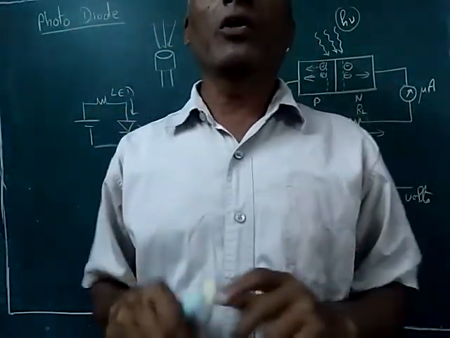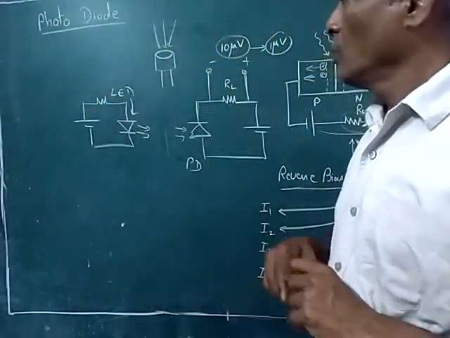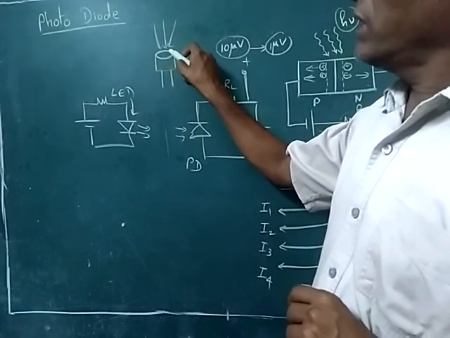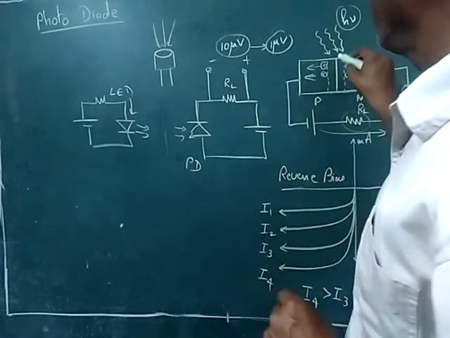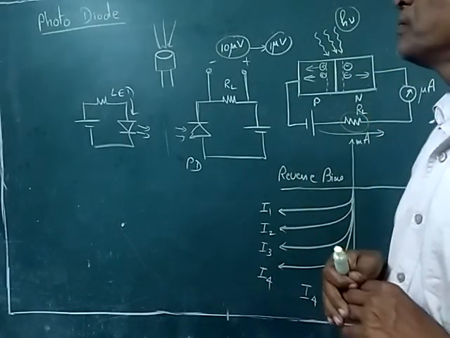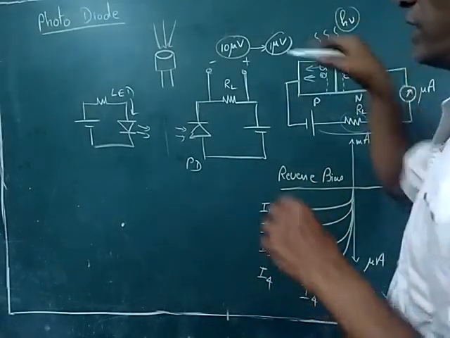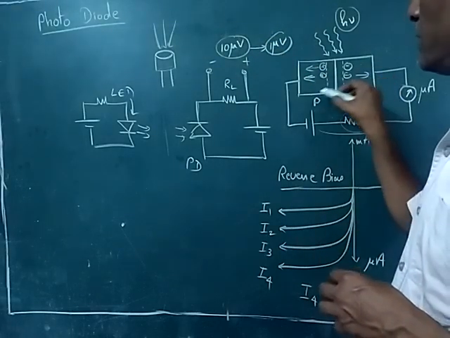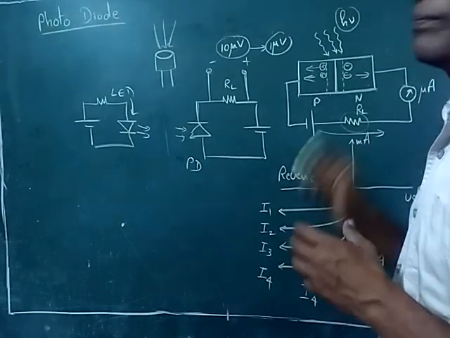The main idea of a photodiode is that you have a lens setup. The focal length of the lens is exactly focusing on the PN junction diode. So light is allowed to strike through this lens, and it strikes the PN junction.